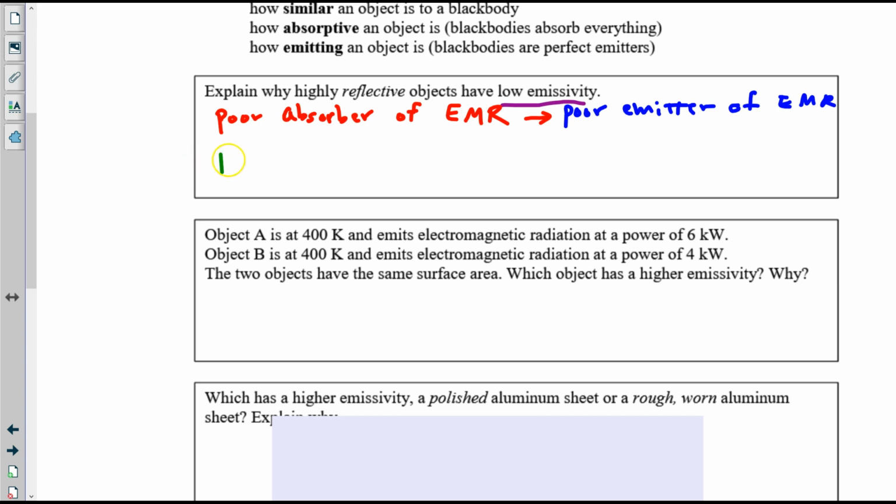Because the power from the real body, the reflective body, will be much less. If it's a poor emitter, it doesn't emit much power.